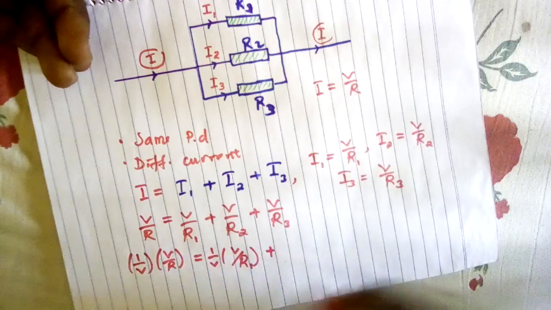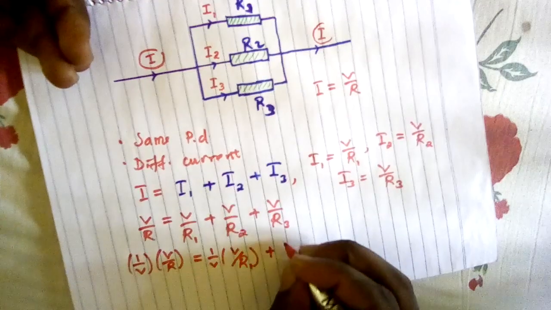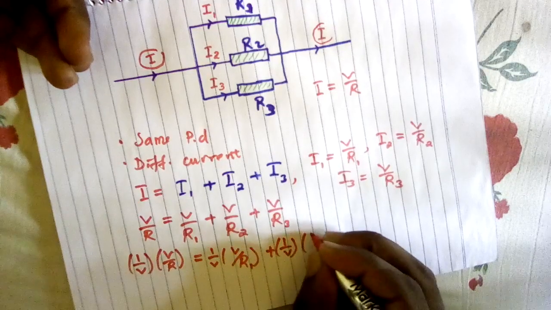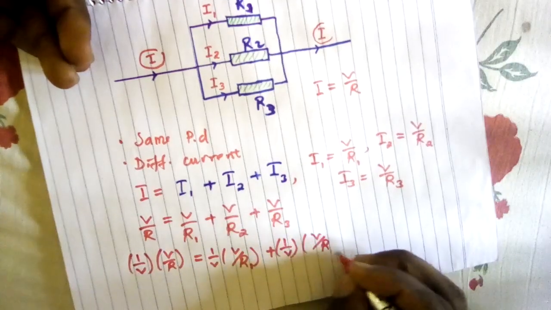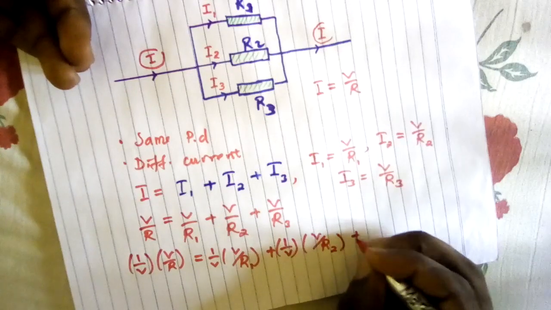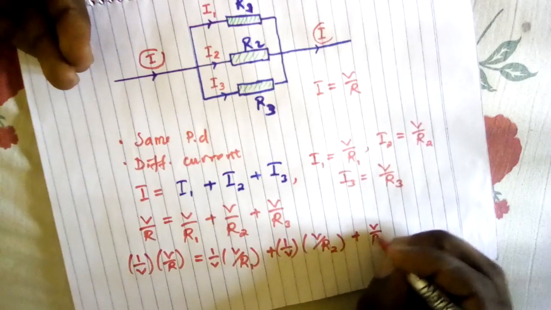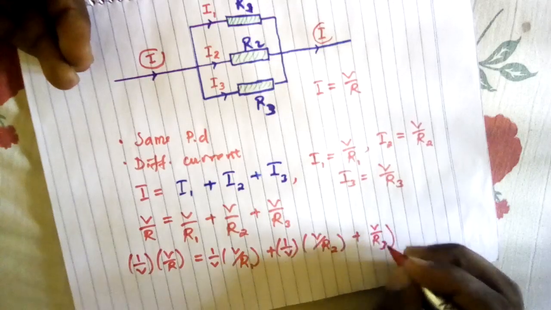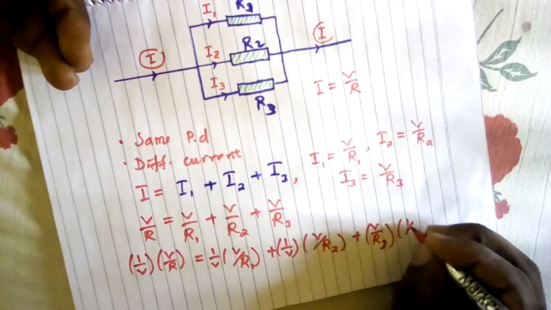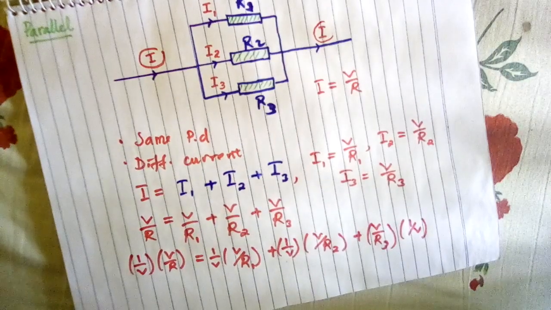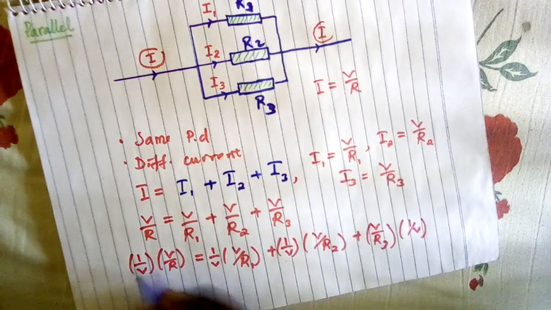And then you do the same thing to the rest of the resistors. Now you can see that we can cancel V as shown.